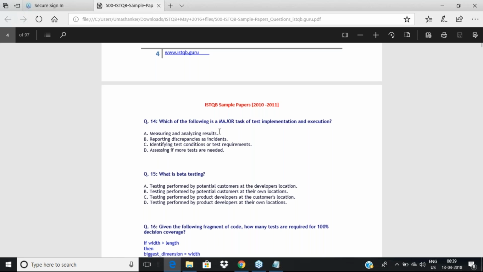So measuring and analyzing the results means that after the execution is completed, we do the measuring and analyzing of results, reporting discrepancies as incidents, identifying test conditions or test requirements, assessing if more tests are needed.